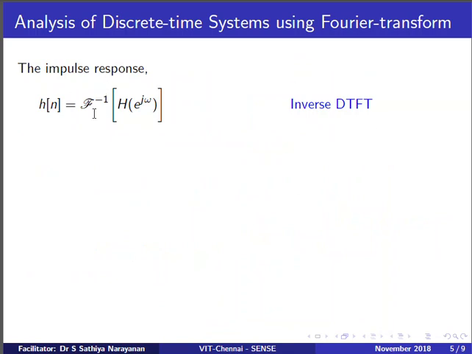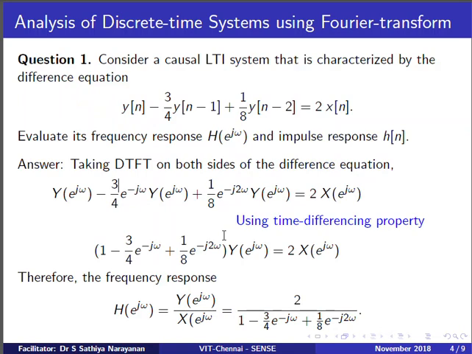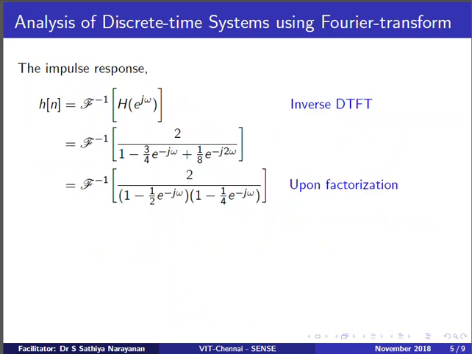So I have just written this to represent the Fourier inverse of this. Now we are writing the H of e raised to the power j omega term. So we need to do factorization because with this expression we couldn't find a suitable transform pair so that we can directly find the Fourier inverse.